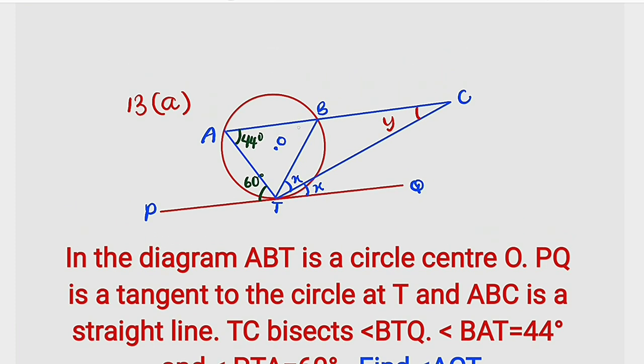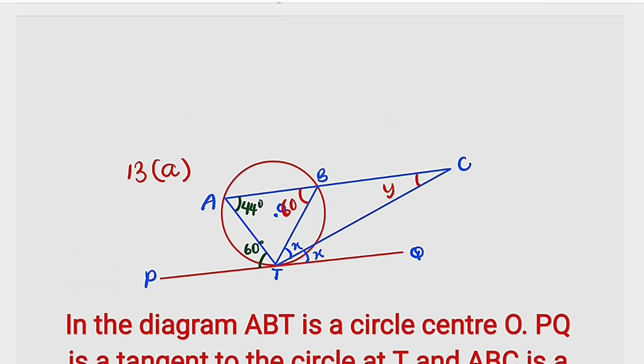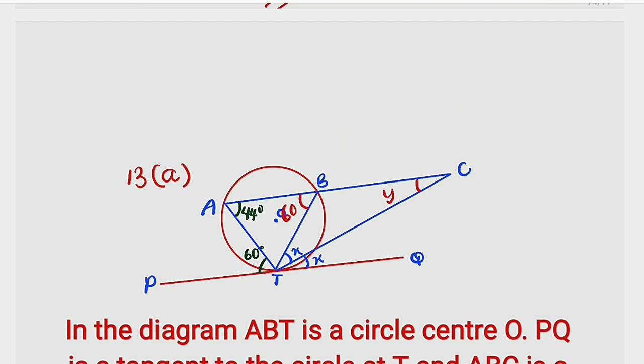You should know that this particular angle is 60 degrees according to what? Alternate segment theorem, because it stated that the angle formed by a chord and a tangent is always equal to the interior angle subtended to the circumference from the same chord. So the same chord subtends this angle to the circumference. So according to alternate segment theorem, they are exactly the same. So let me make a statement right here. Angle ATP is equal to angle ABT.